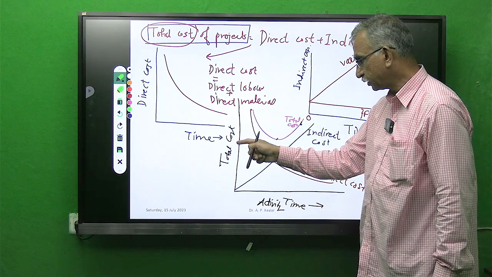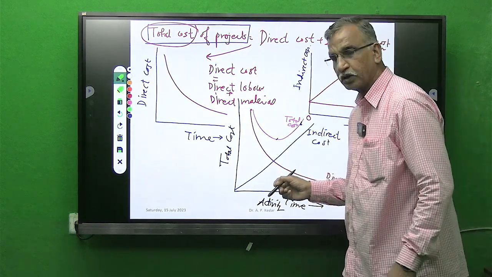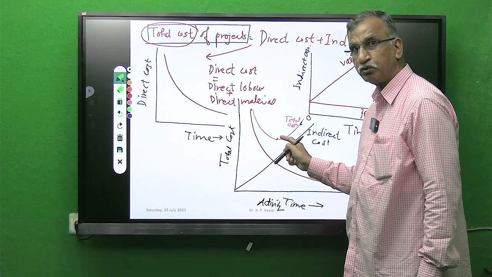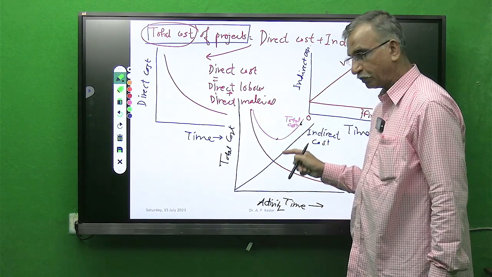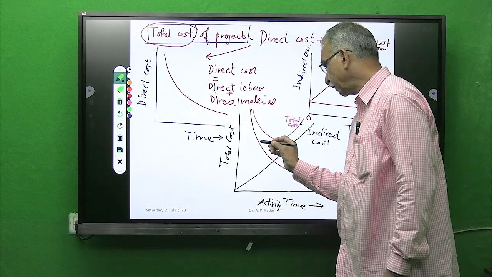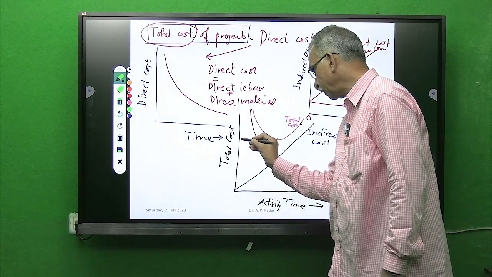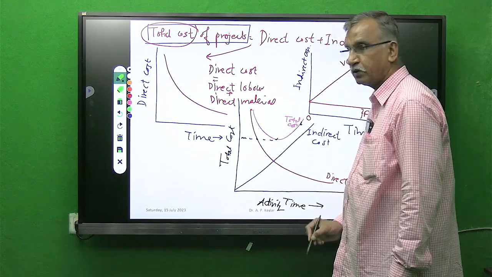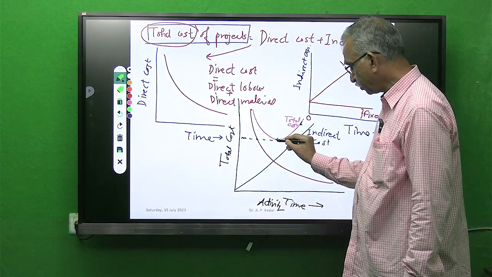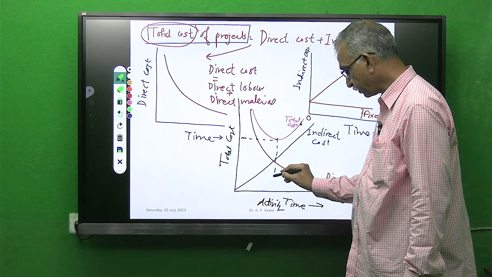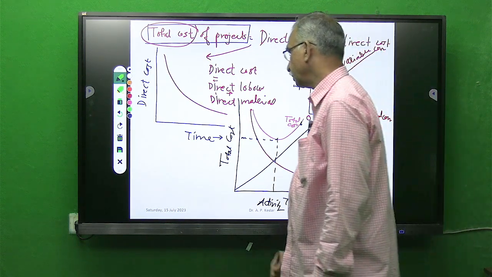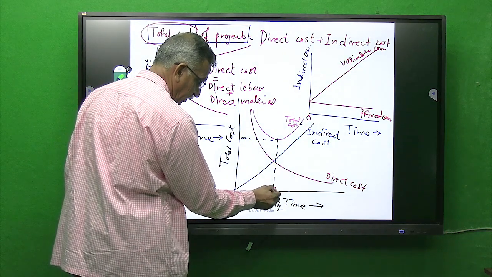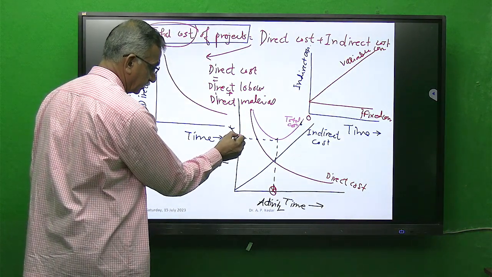Another way to get this minimum total cost is to draw a line tangent to this total cost curve, parallel to the x-axis. If I do like that, what will I get? This is the line, and I will drop a perpendicular from this touching point on the time axis. So here we get a very important time, one this and other this.